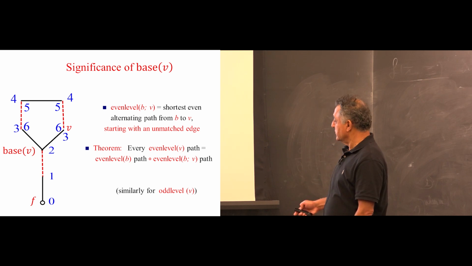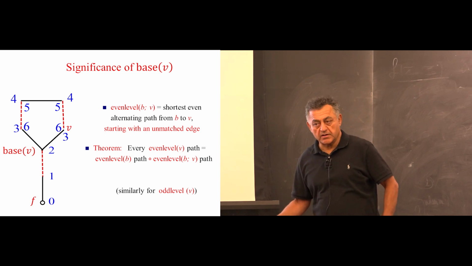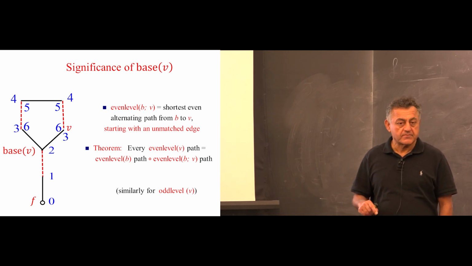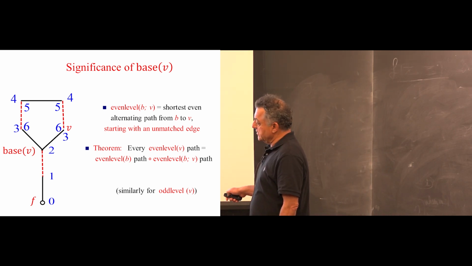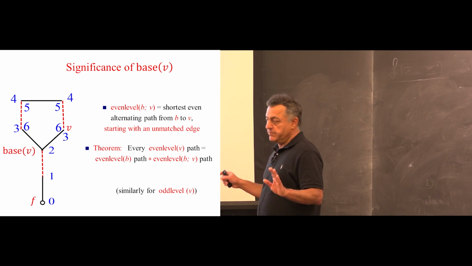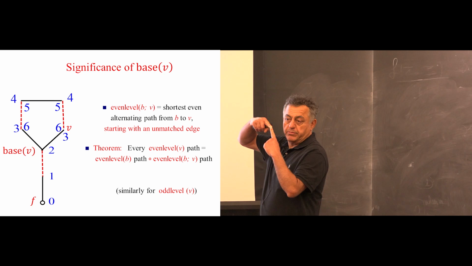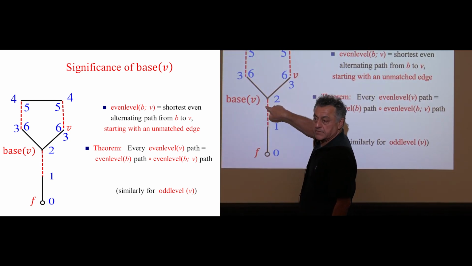Similarly, for odd level, it will be the shortest path to B followed by the shortest path from base V to B, which is odd and starts with an unmatched edge. Another way of saying it is that if I look at any even level B path, and any even level BV path, which has to start with an unmatched edge, then they meet only at B. So this even level BV path cannot go and hit this stem.